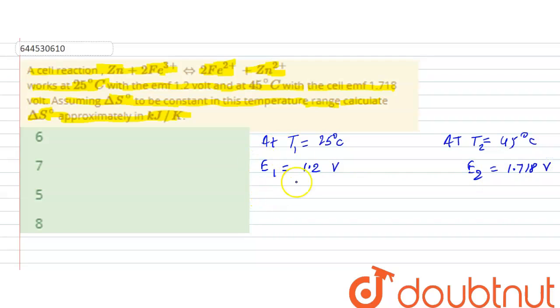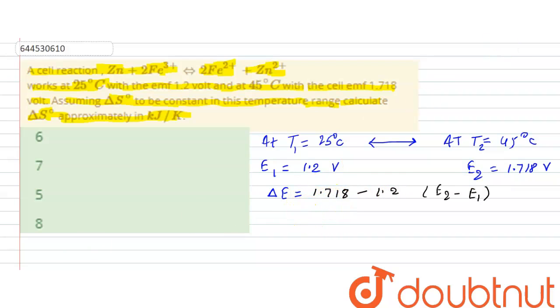Now we need to calculate the change in EMF between these two temperatures. It can be written as 1.718 minus 1.2. This will be the change in EMF, that is E2 minus E1, so this is delta E.